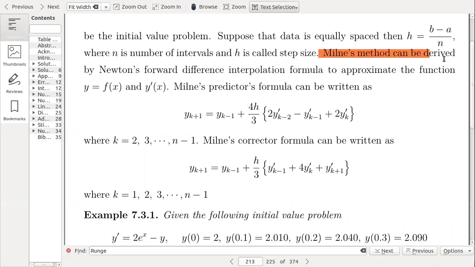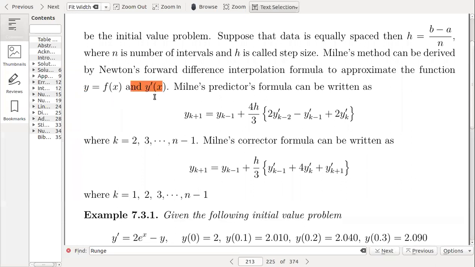Milne's method can be derived by Newton's forward difference interpolation formula, but here we are not going to derive it. We are just going to use Milne's formula to approximate the function given by y equal to f of x, where x is the independent variable and y is the dependent variable.